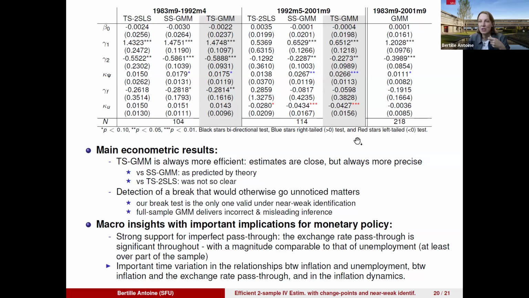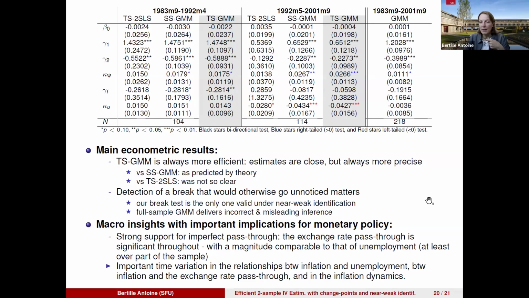And it's not like they are changing and we can still not reject that they are the same. In some of those cases, they are very different and significantly different. And I'm not really sure what to make of this, whether this is completely at odds with what macroeconomists would expect. Honestly, I don't know.